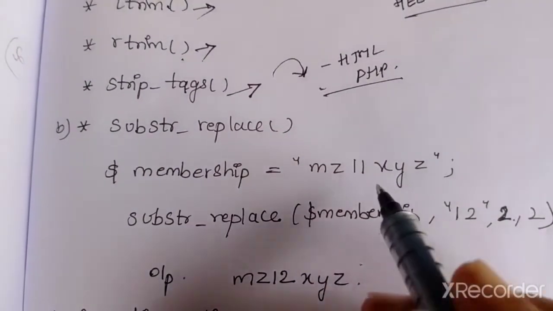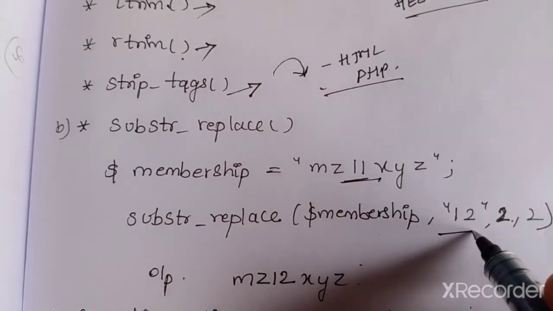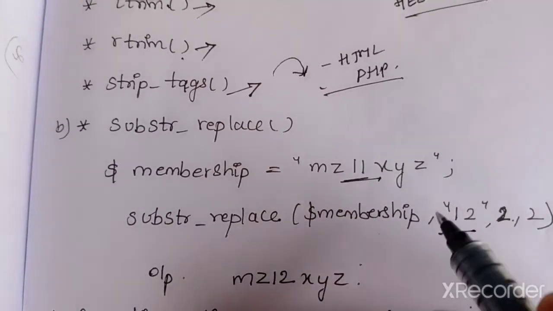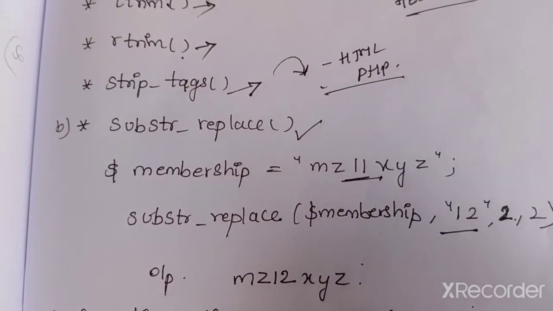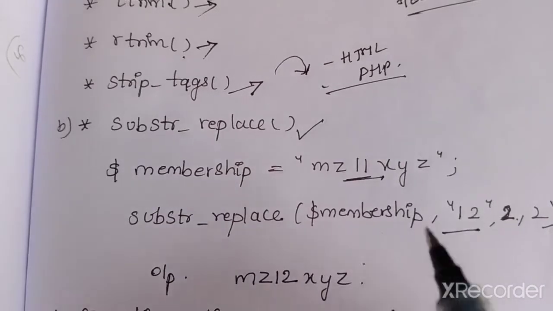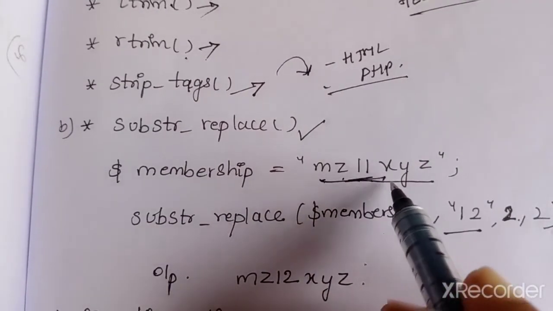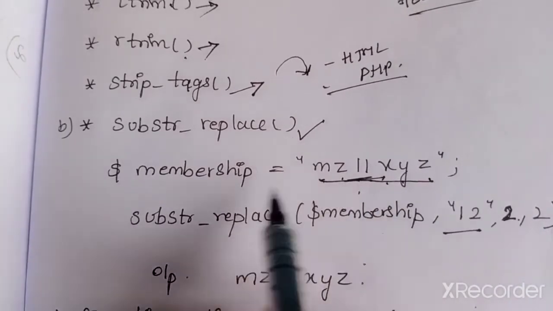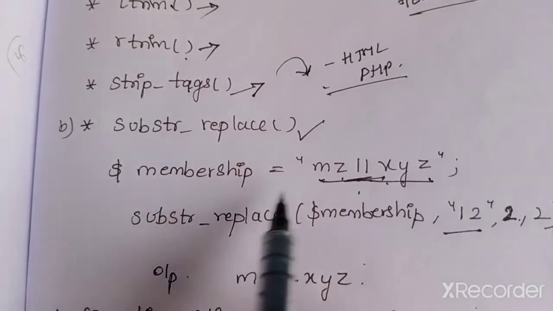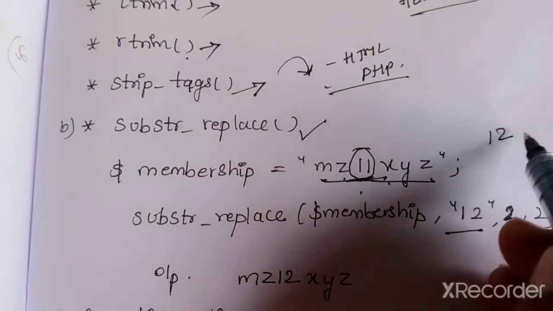And the next one is substr_replace. We can replace a particular substring with a new string in PHP by using substr_replace. Here you can see in this example we have one string, MZ11XYZ, stored in the variable membership, and in this I want to replace the 11 with 12.